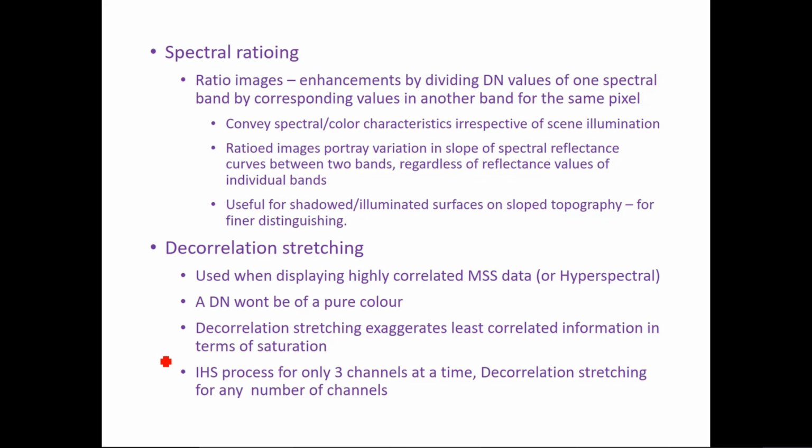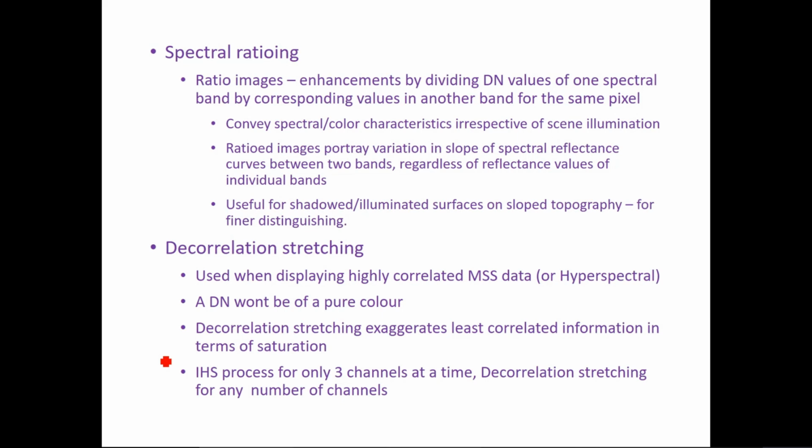So one particular DN might not be of a pure color. It might be a combination, or it might be a pastel color. One particular pixel might be a combination of various DN values or various colors. So here you carry out decorrelation stretching to exaggerate the least correlated information in terms of saturation.